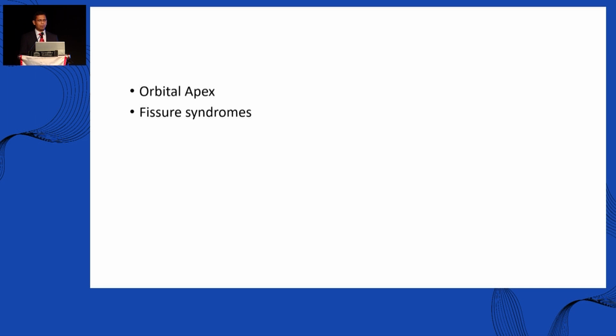And of course, orbital lesions causing proptosis can involve the orbital apex, causing problems with orbital apex syndrome as well as superior or inferior orbital fissure syndromes.